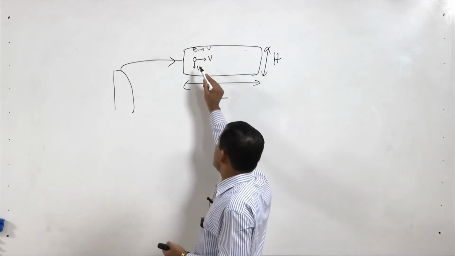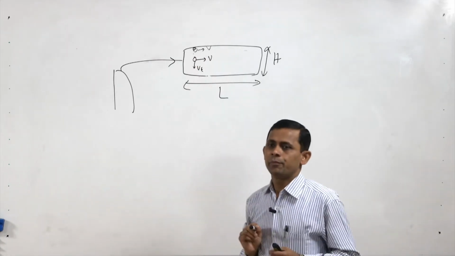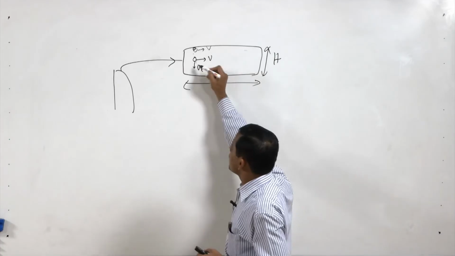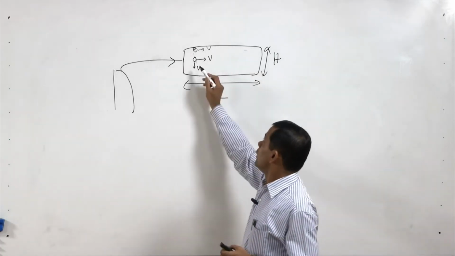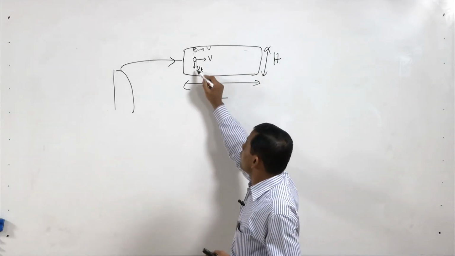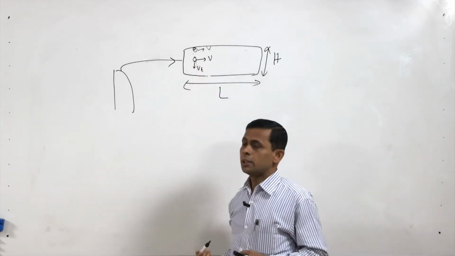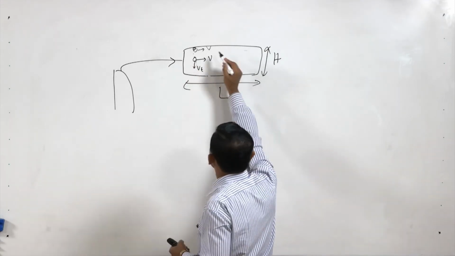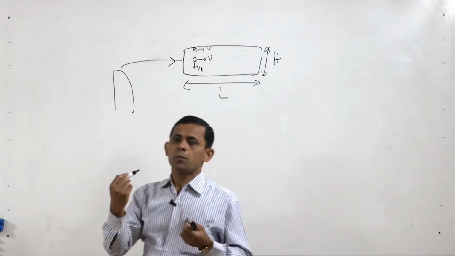If these two particles have the same diameter, within this time the other particle will also be separated, because the distance required to be travelled by it is less. So, we are assuming here the maximum possibility for the separation of all particles.